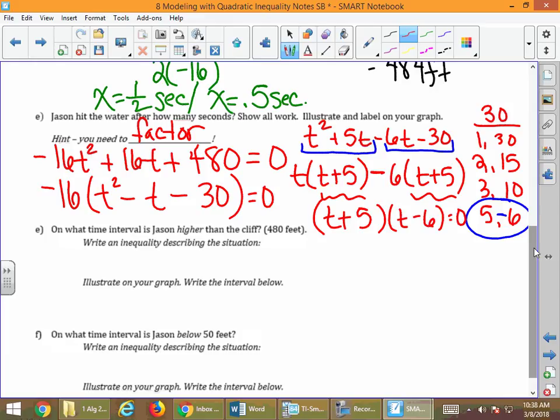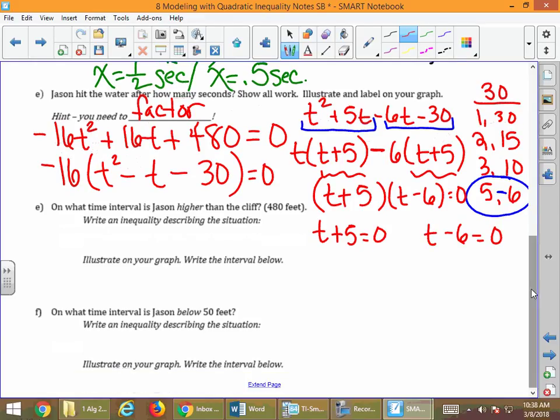And I hope that you can look at this and say t equals negative 5 and t equals positive 6. But if you can't, it's t plus 5 equals 0, and it's t minus 6 equals 0, and we subtract 5 from both sides, we get t equals negative 5. And we get t equals 6.